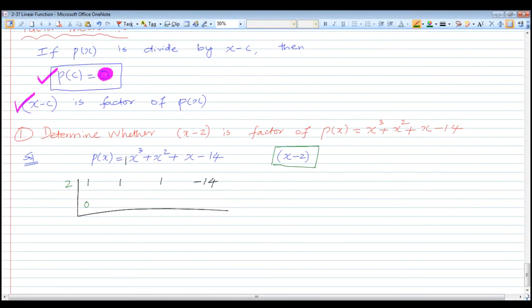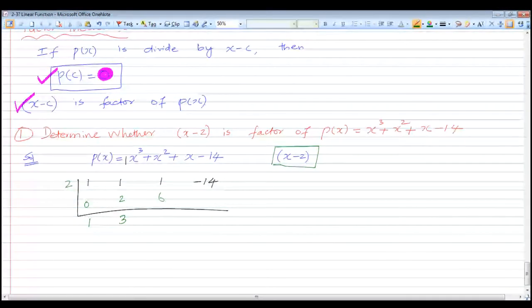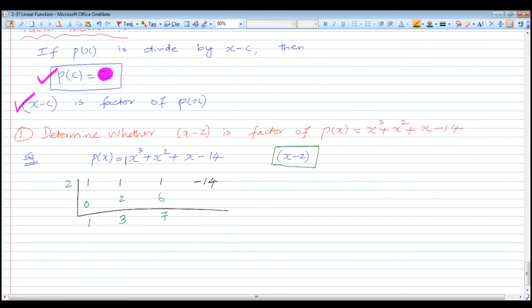So here, 0 start: 1 plus 0 is 1. Multiply 2 into 1 is 2, add 2, it is 3. 2 into 3 is 6, add it, 7. Multiply 2 into 7 is 14, add it to minus 14. It should be 0. If it is not 0, we can say it is not a factor, right? So I got the value equal to 0.